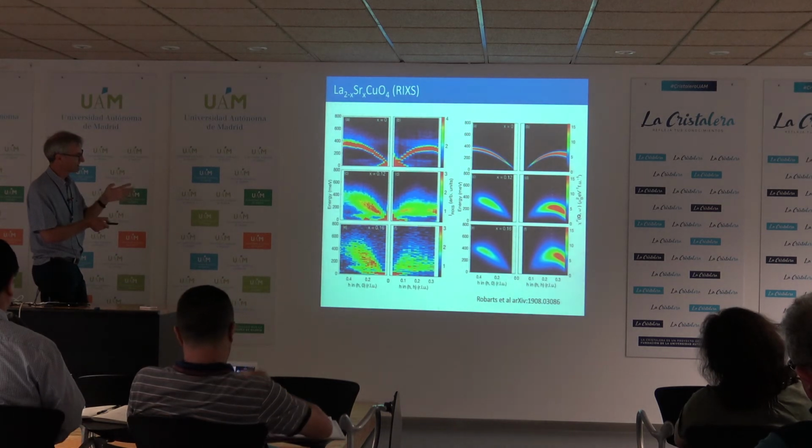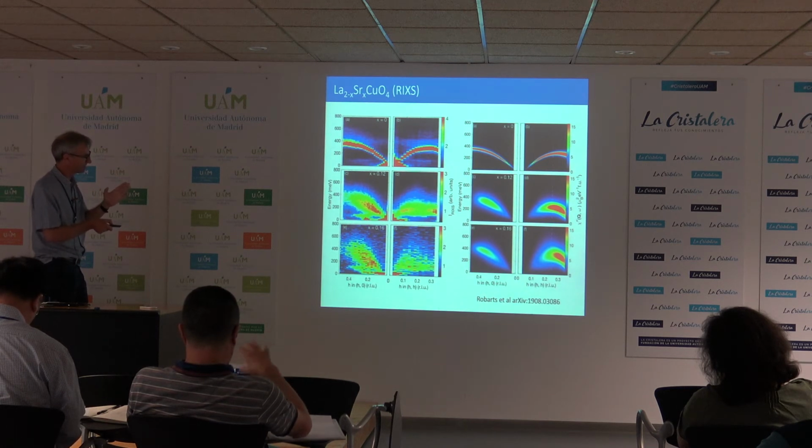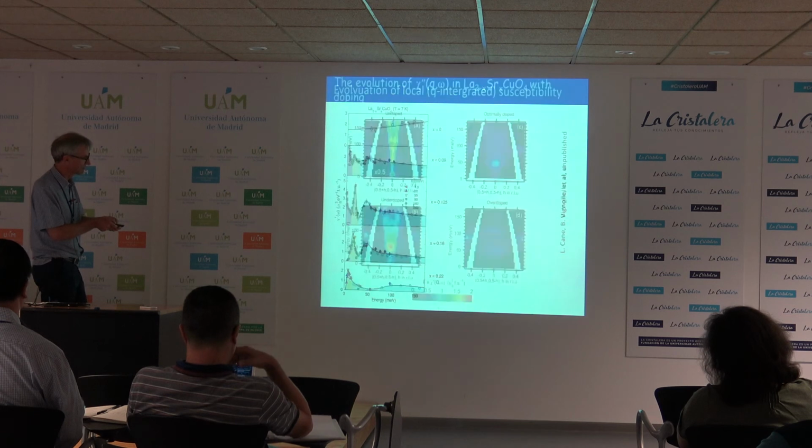So I guess the first general message is that the scattering that we measure with neutrons and X-rays are different, in that the X-ray ones are changing much less. I don't have a picture from the zone, but let me just come back to.